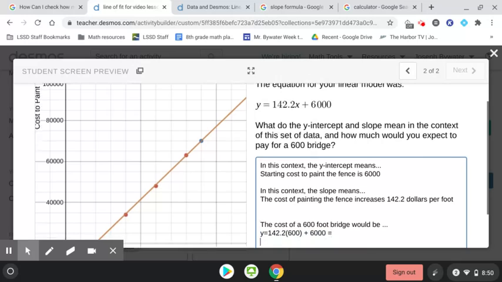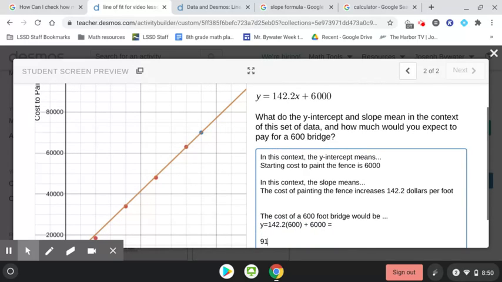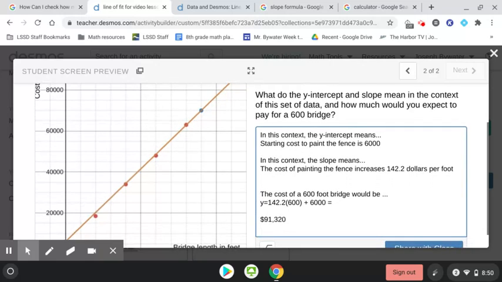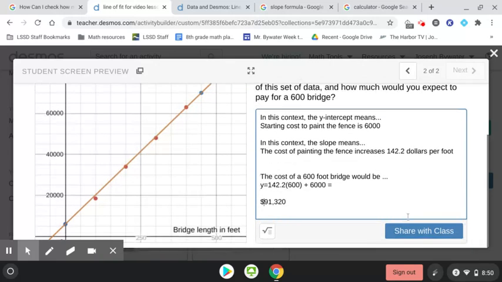So this equals $91,320. That's how much it would cost to paint a 600-foot bridge.